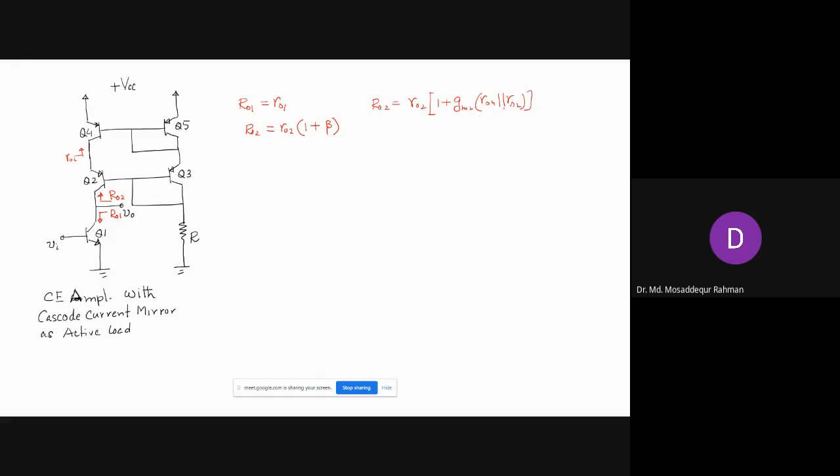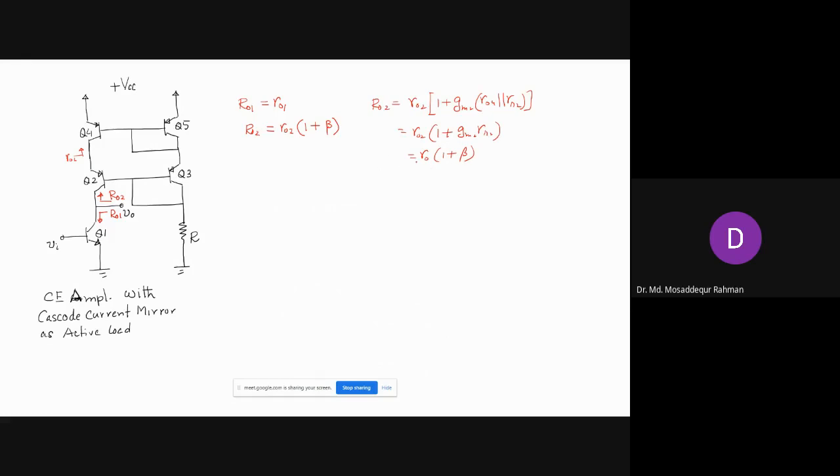And this you approximate to R02 times 1 plus gm2 r pi 2. So gm r pi is beta, so if you just remove the subscript, you can write 1 plus beta. So that's the output resistance for the cascode configuration.